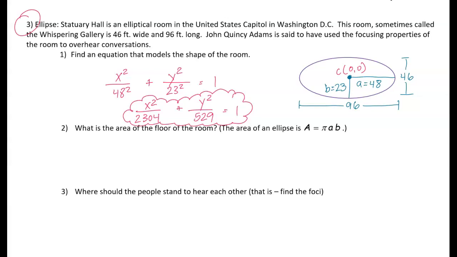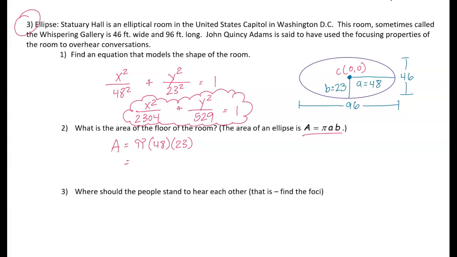Now, it also asks for the area of the room. And it so nicely gives you the equation for area of an ellipse. It's just pi times AB. And we learned last class that in higher level math, anytime we have a pi, we need to leave our answer in terms of pi. So we have pi times A, which was 48, times B, which is 23.